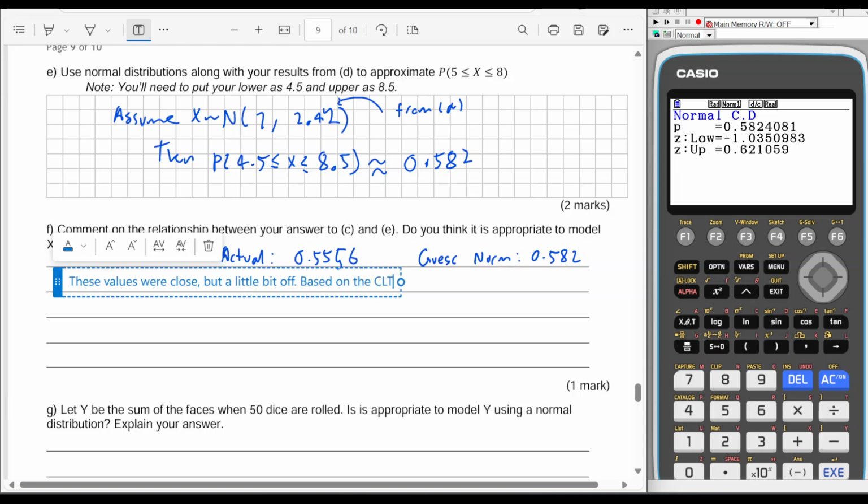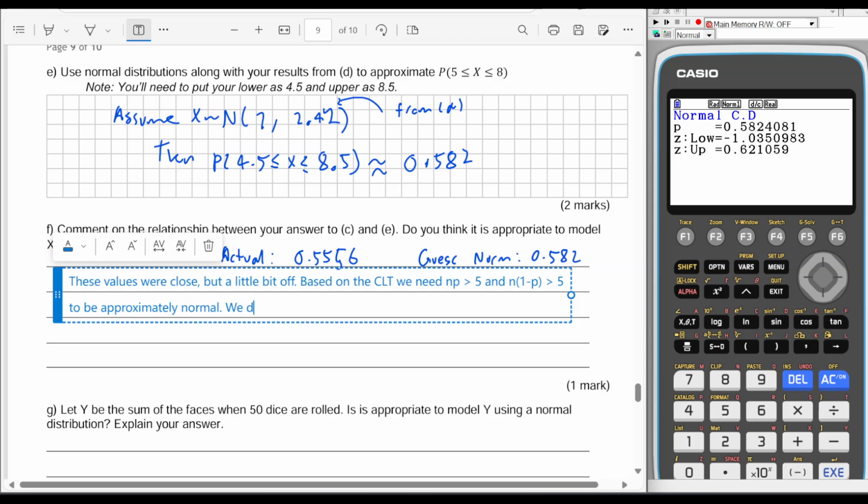Based on the central limit theorem, we need NP greater than 5 and N(1 - P) greater than 5 to be approximately normal. We don't.